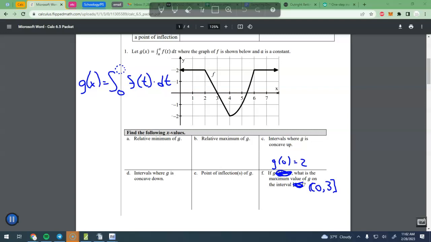From 0 to 0, that's going to be no area, right? If I go from 0 to 1, what's my area going to be? Those two boxes. From 0 to 2, what's my area going to be? 1, 2, 3, 4. From 0 to 3, what's my area going to be? It's going to be 5.